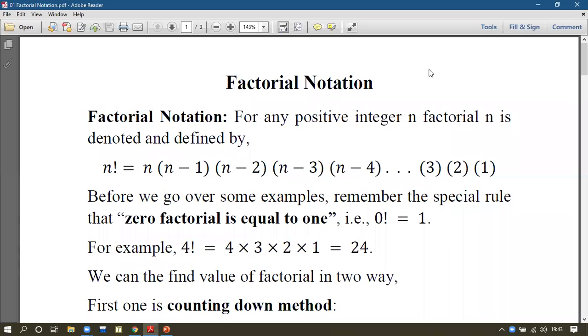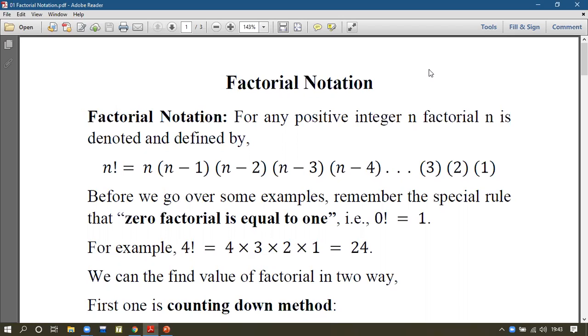Today's topic is factorial notation, which is the first topic, under the first chapter or first unit. It is a notation used in mathematics.